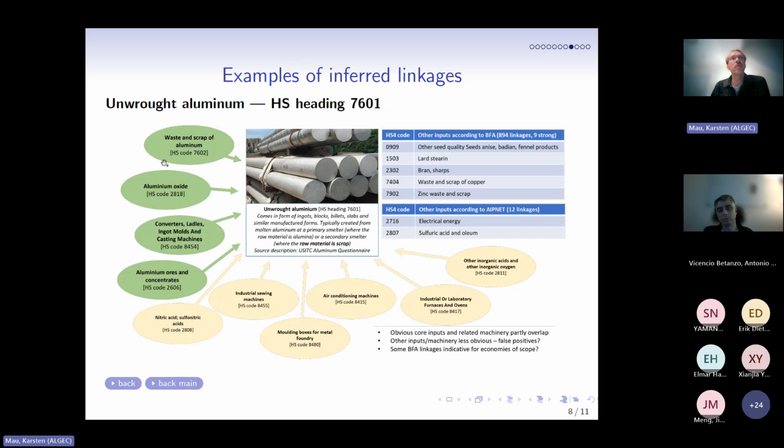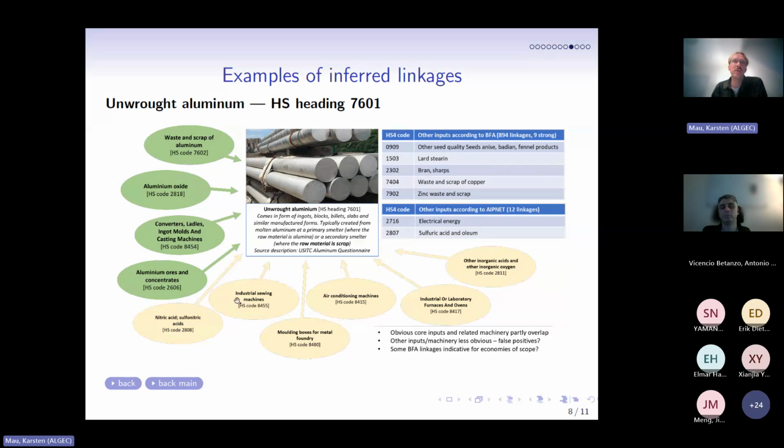The green ones are strong linkages according to our method, but also according to their method, which are waste scrap of aluminum, aluminum oxide, converters, ladles, ingot molds, and casting machines, clearly, and then also ores and concentrates. So these are very plausible inputs for unwrought aluminum. But then what they also find are those here at the bottom.